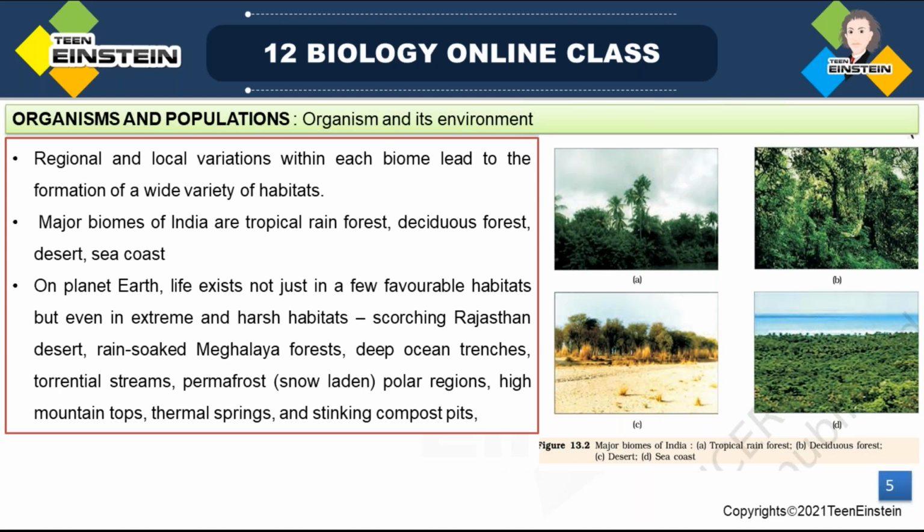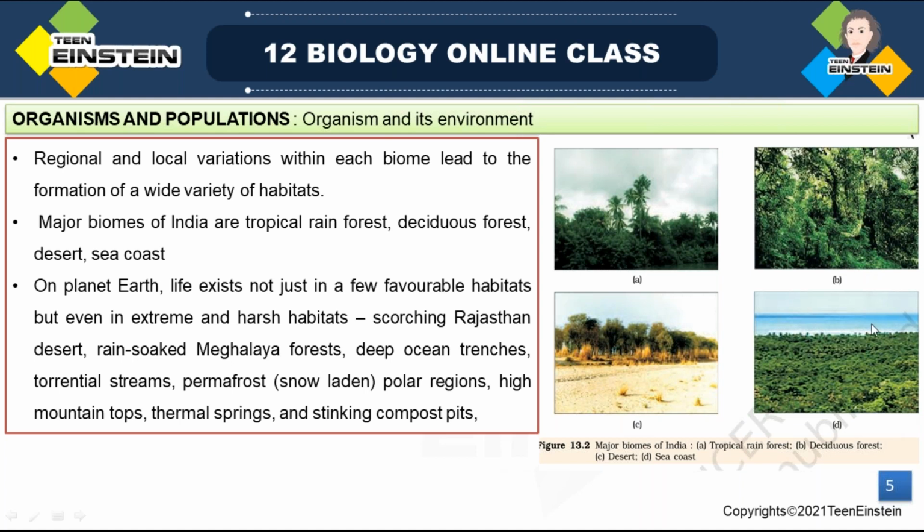Here in this figure you can see the major biomes of India. First one is the tropical rainforest, then the second one is deciduous forest, then third, the desert and sea coast.